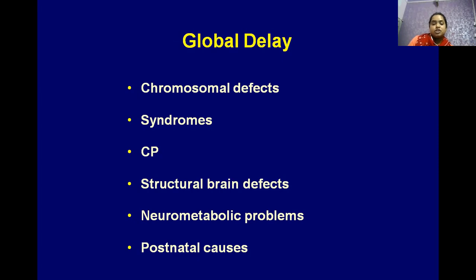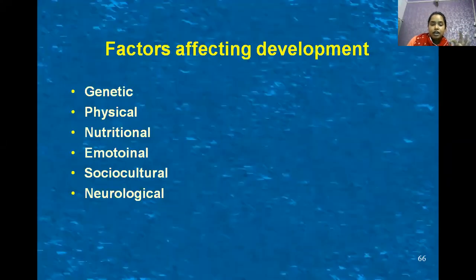So some structural brain defect may be there. Neurometabolic problems are there, and postnatal causes may be there. So global delay should be considered very carefully. Factors affecting development may be genetic, physical, nutritional, emotional and sociocultural, and neurological.